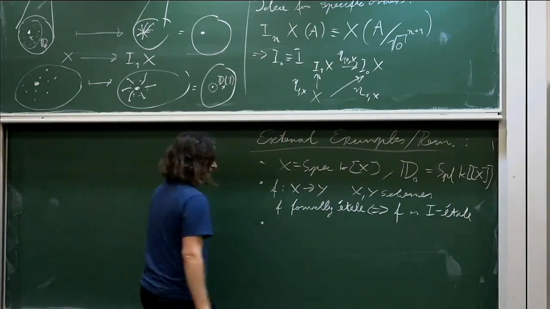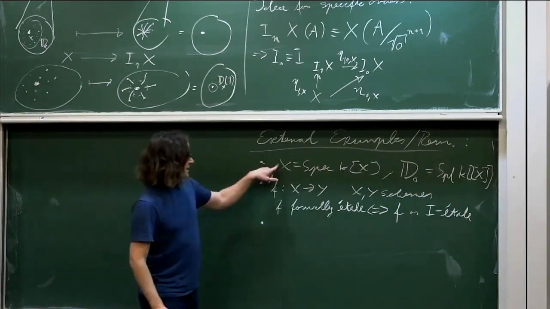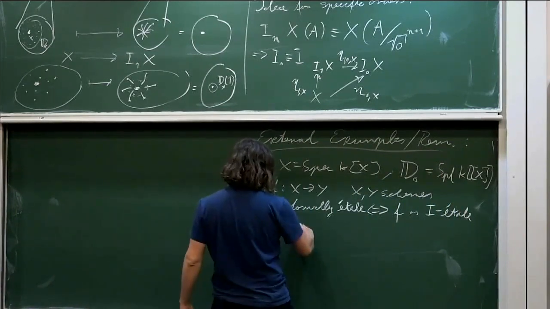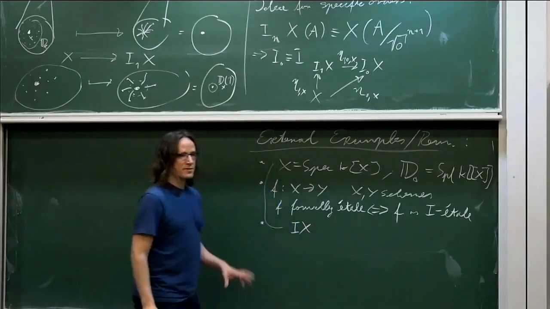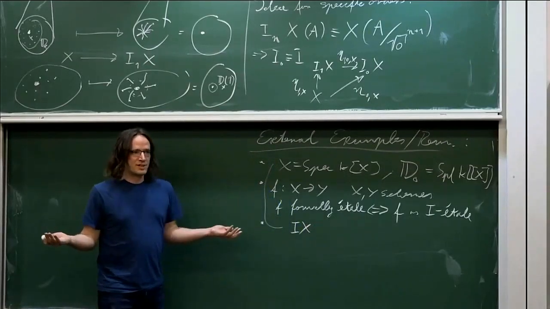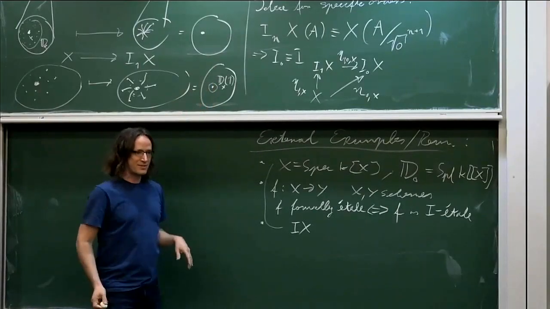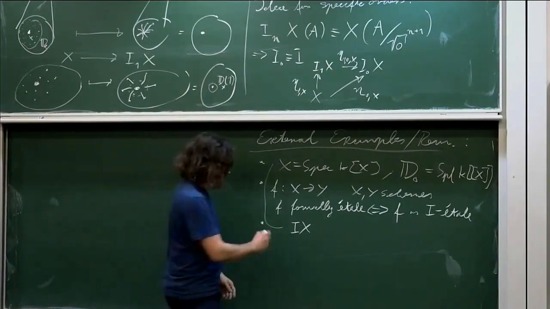And something to be aware of, if I again take this X and I apply I to it, the result will be a sheaf. So this works for anything between the Zariski and étale topology, or presheaves, if you like.